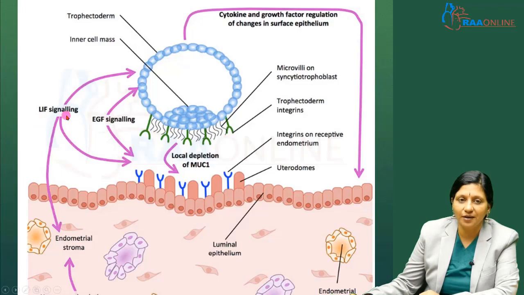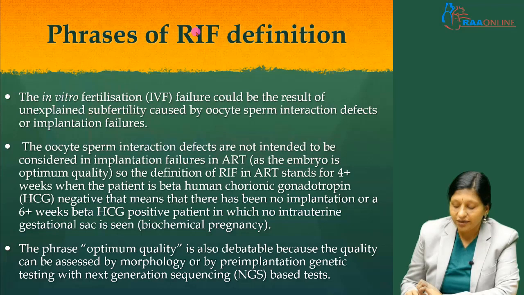There is also leukemia inhibitory factor signaling, and this is also there to the endometrial stroma, and there is an area where there is a localized depletion of mucin 1. That is the place where adhesion and implantation take place. Cytokine and growth factor regulation of changes in the surface epithelium is brought about by the substances secreted from the trophectoderm.